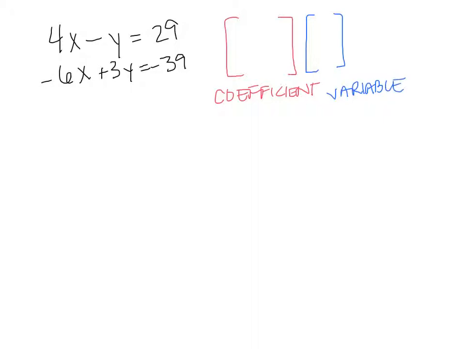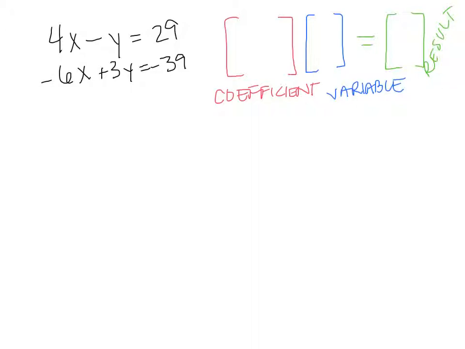And this is all going to equal a third matrix, which is the result matrix, or constant matrix. Sometimes that's what I call it. So let's see how we can convert this into a matrix equation.